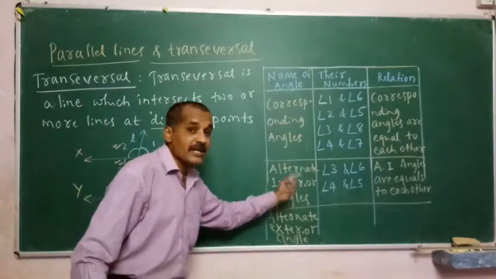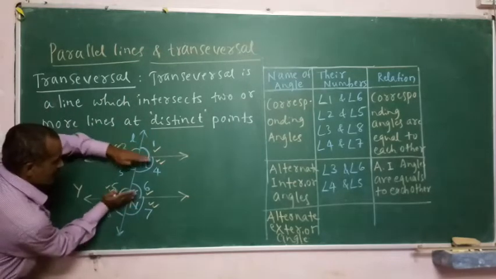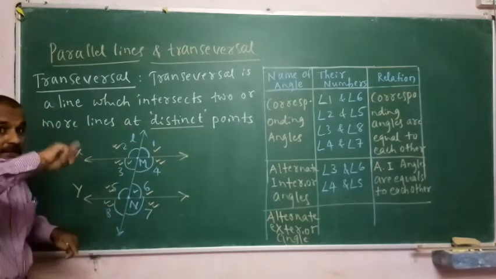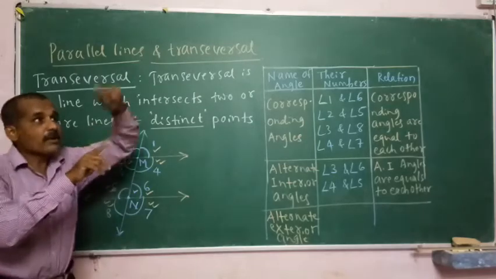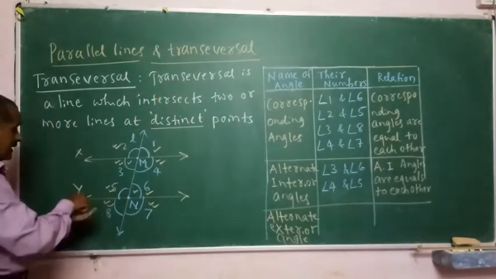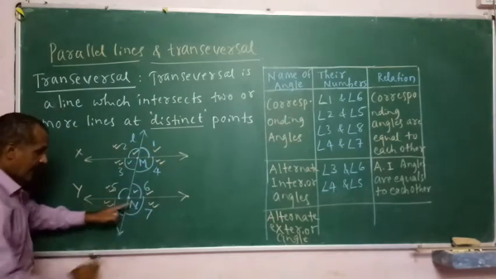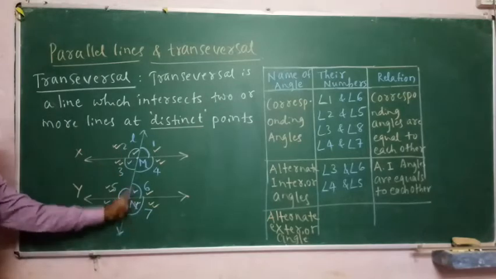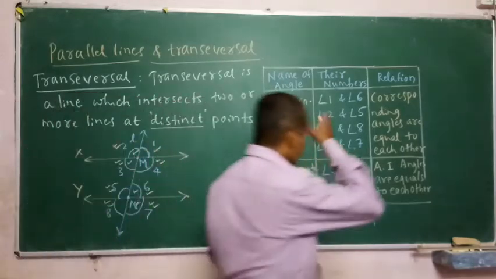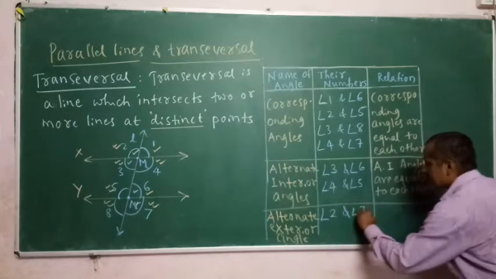This was interior angles; now we are going for exterior, that means outside. But alternate means one this side, one this side. Angle 2 and angle 7 are called alternate exterior.